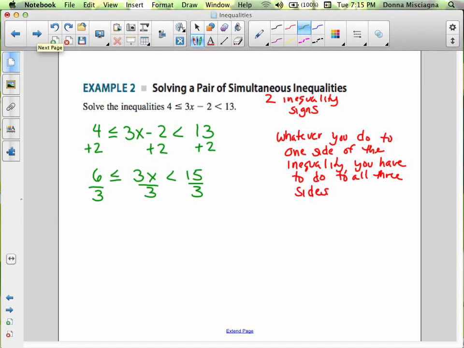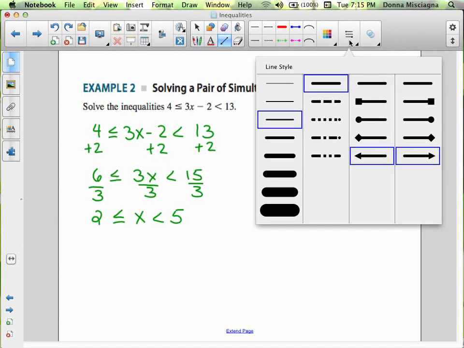All right, so we have 2 is less than or equal to x is less than or equal to 5. And now we're going to graph it. So notice that x there has to be greater than or equal to 2, but less than or equal to 5. Okay. So let's graph that, and you should graph this too.